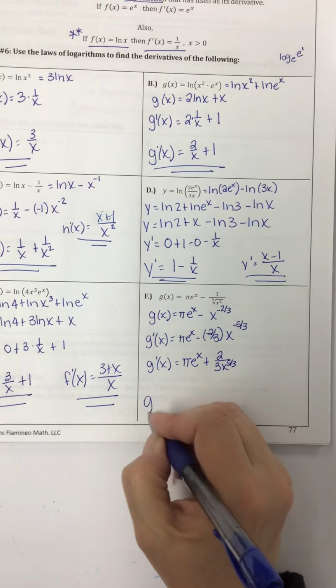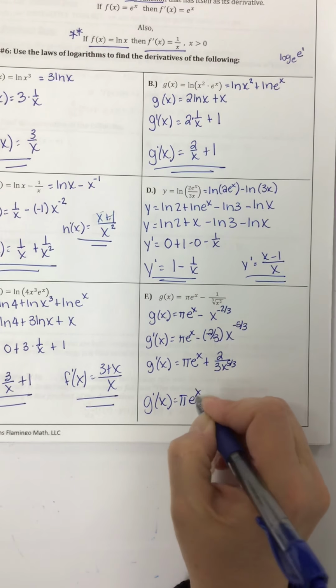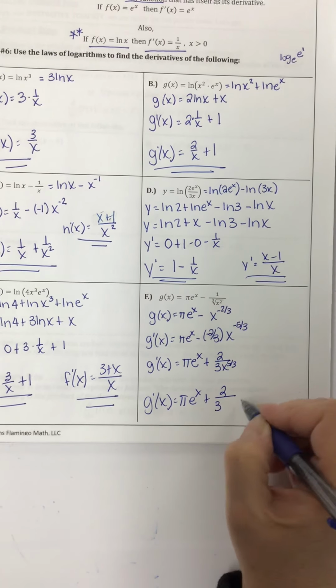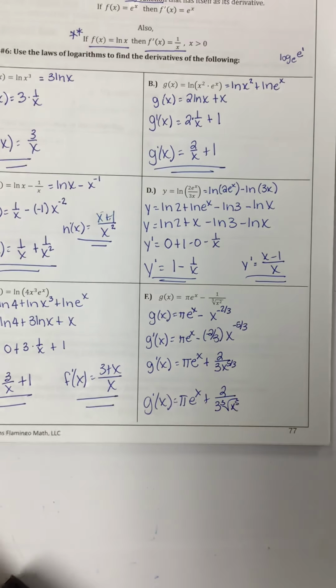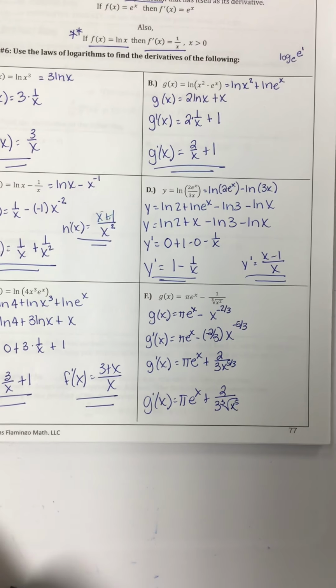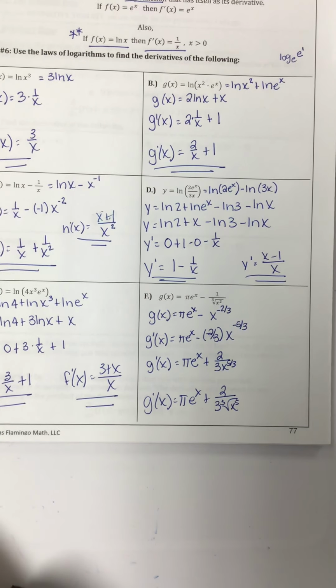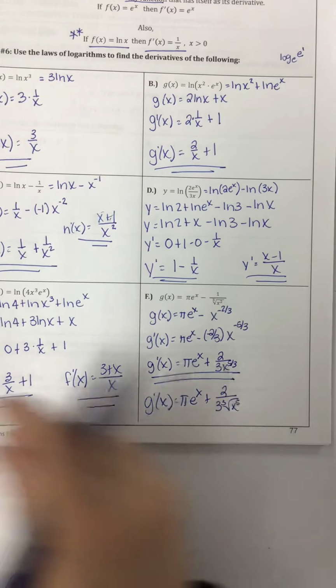Or you might also have seen it written as pi e to the x plus 2 over 3, and it could be cubed root of x to the 5th. Or you could have had 3x cubed root of x squared, right? There's several different ways that could have been written, but this is an absolutely appropriate answer.